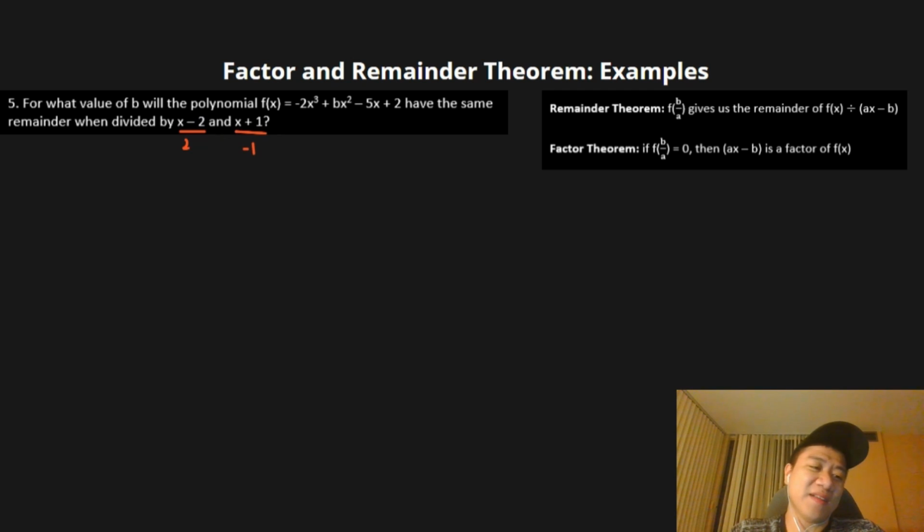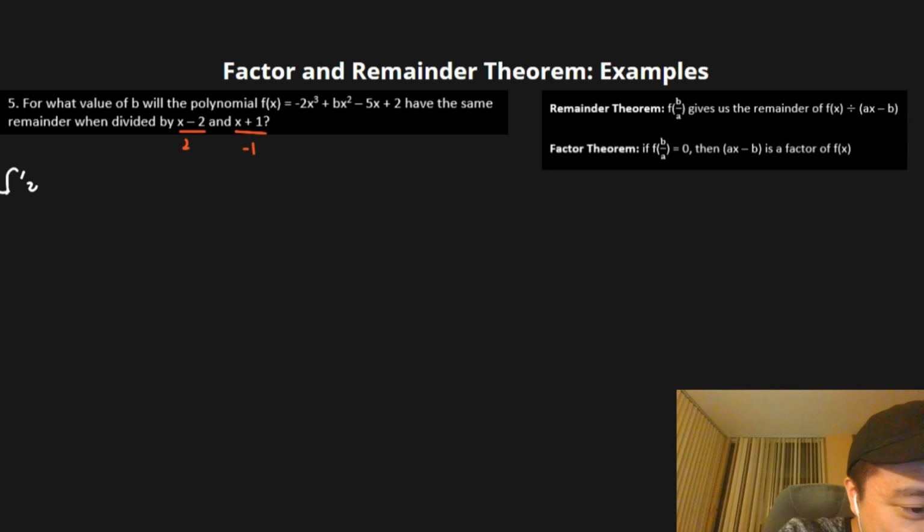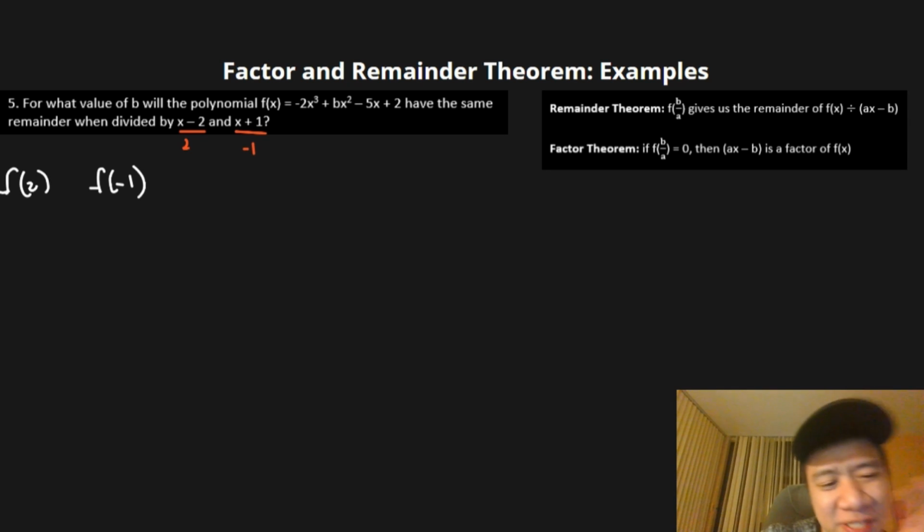So that means that in our remainder theorem, because we get the same remainder, if we compare f at 2 with f at negative 1, they should be the same, right? We know that these two things will be equal to each other because f at 2 gives us the remainder when we divide f of x by x minus 2. We also know that f at negative 1 gives us the remainder when we divide f of x by x plus 1.